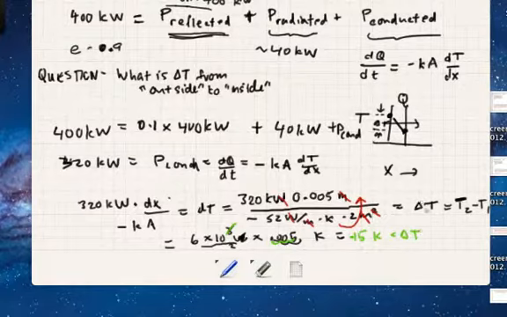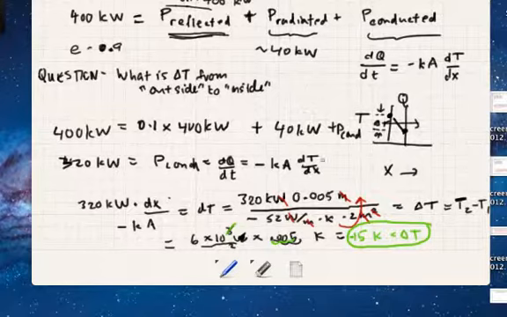So the question is, what is the temperature drop from the outside to the inside? It drops by 15 Kelvin. The drop is not a negative 15; the drop is 15 Kelvin.